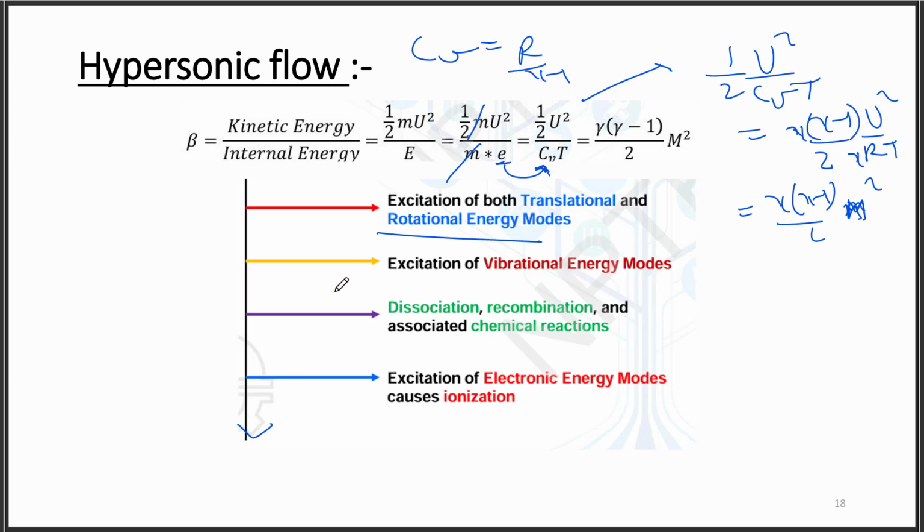If we increase beta more, then dissociation, recombination, and chemical reactions also happen. Here the flow will become hypersonic. If we increase the value of beta more, then there can be excitation of electronic energy modes, which will cause ionization. This is generally called hypervelocity.